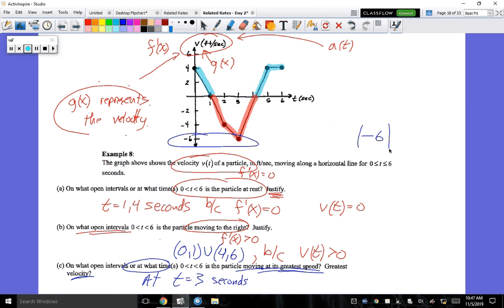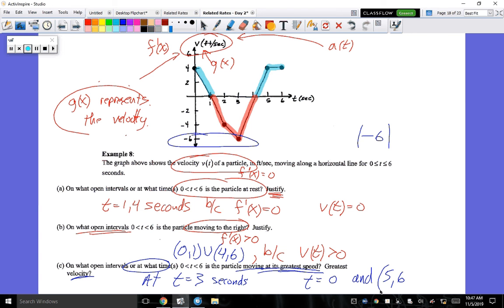Okay, John, what is the greatest velocity? 0 and then 5 to 6. So at 0, what is the velocity at 0? 4. And so we'll do it like this. At time is equal to 0, and we'll say in between 5 and 6.